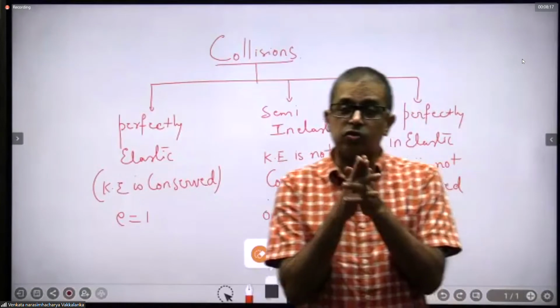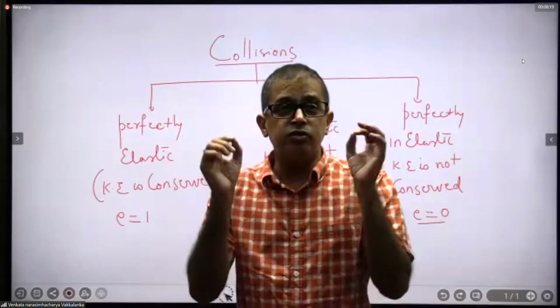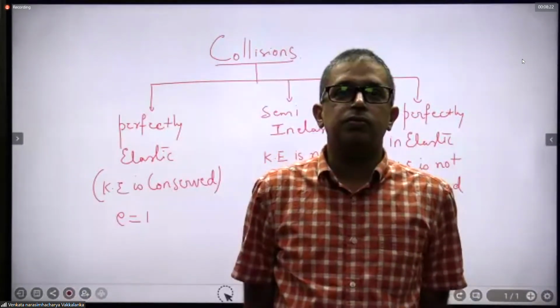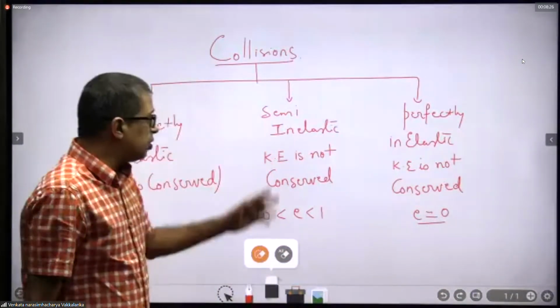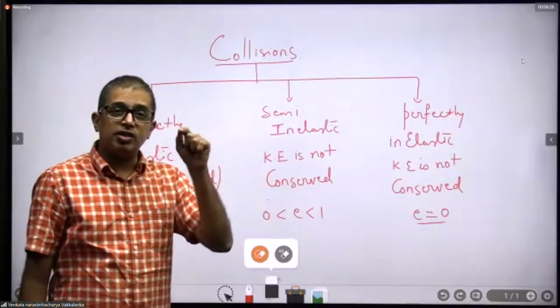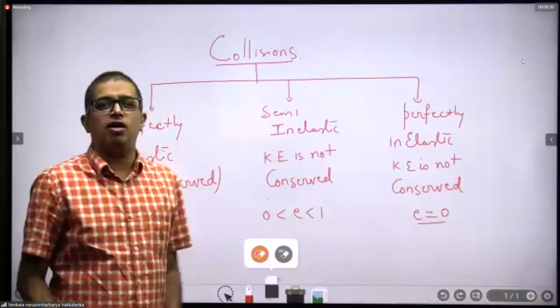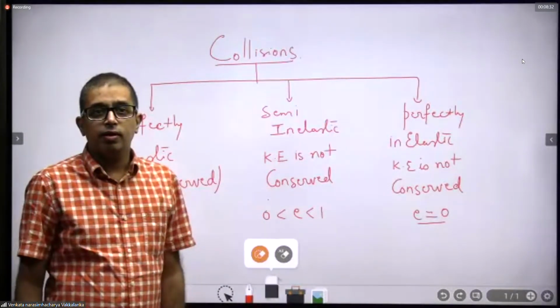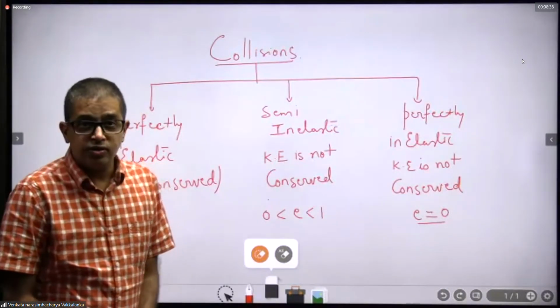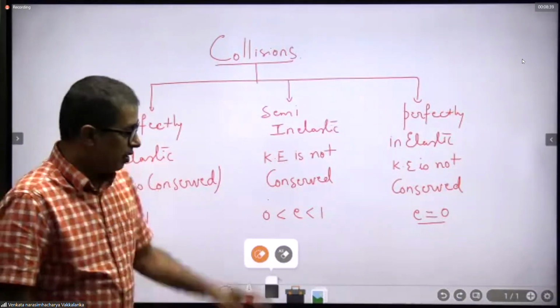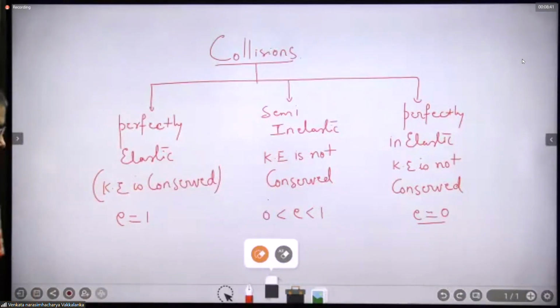Momentum conservation will be applied only when there is no external force in that direction. It has got something to do with whether there is an external force or not. Is that clear? Yes, sir. First, make a note of this.